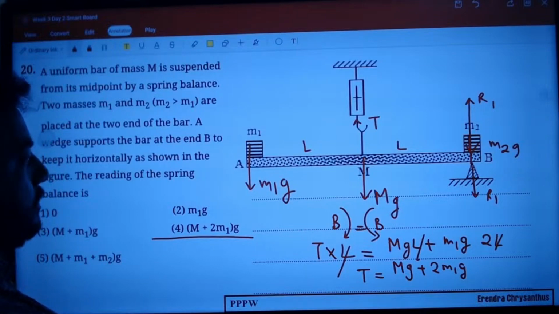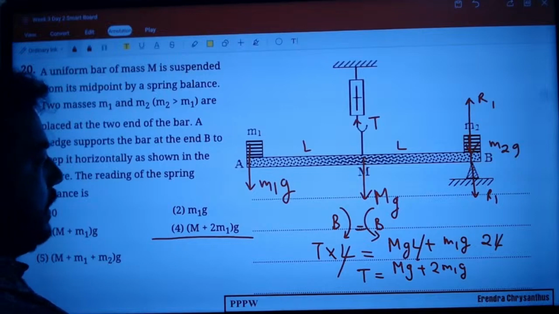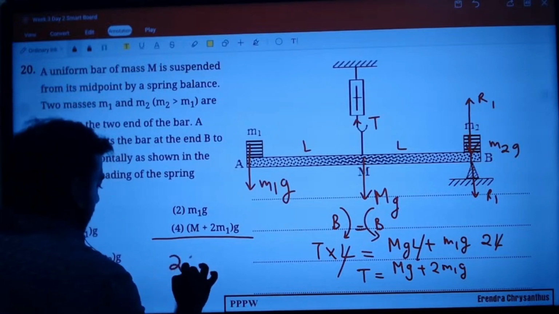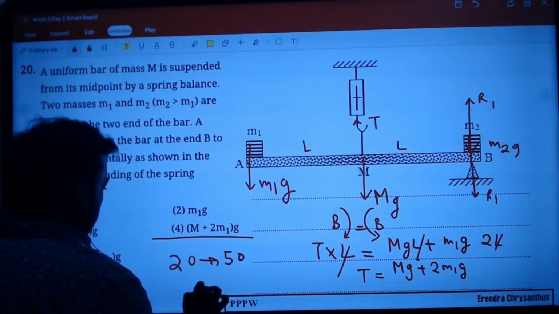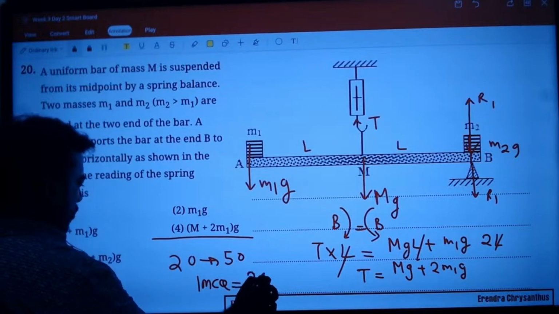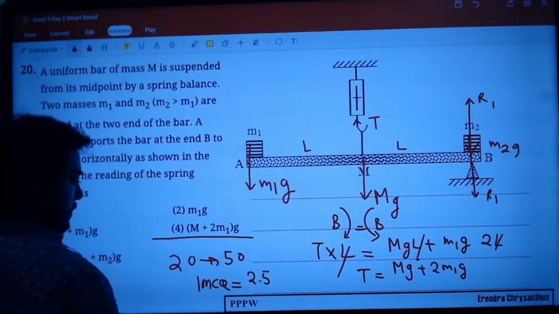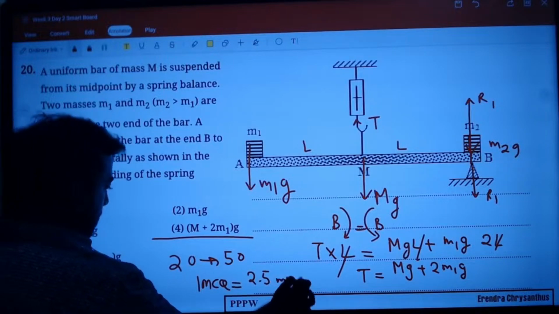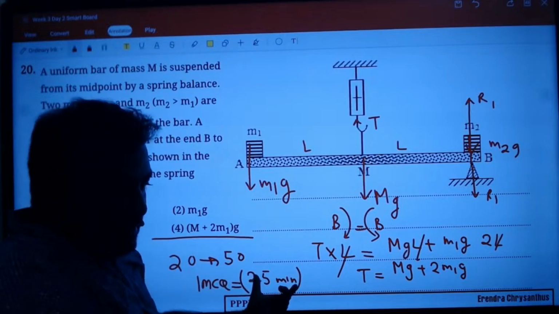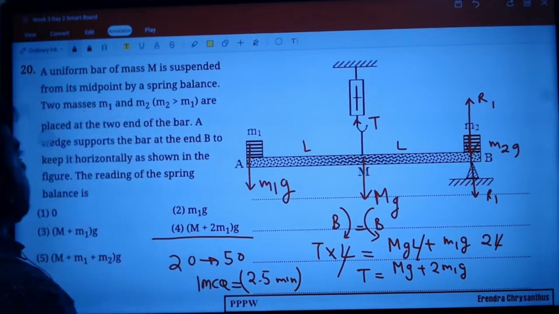So generally for 20 MCQs, 50 minutes. One MCQ is around how much? Around 2.5 minutes. So I am verbally giving you notes as well, so you should be able to do it in less than that. Right.